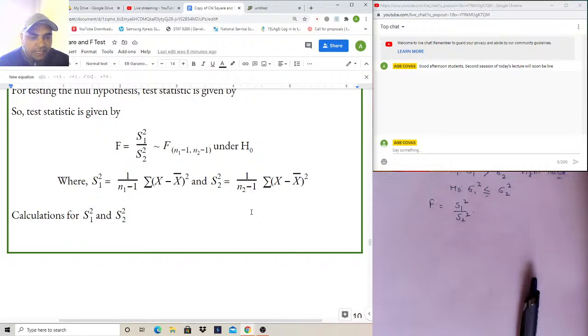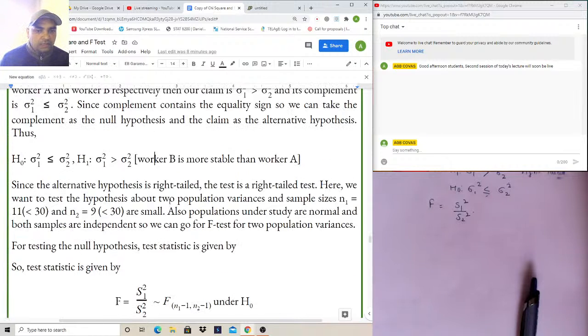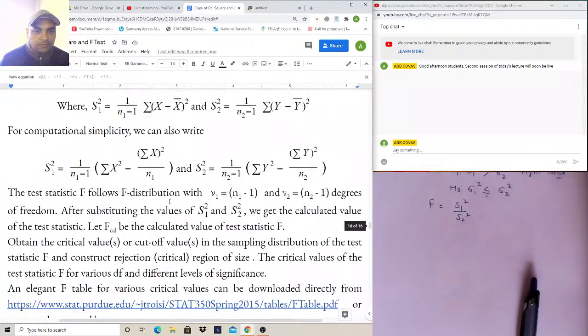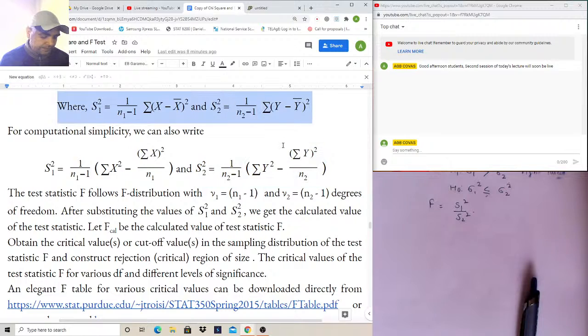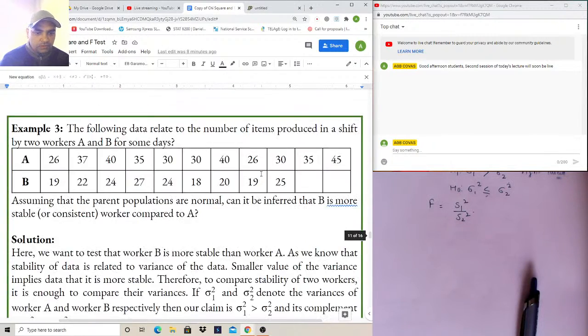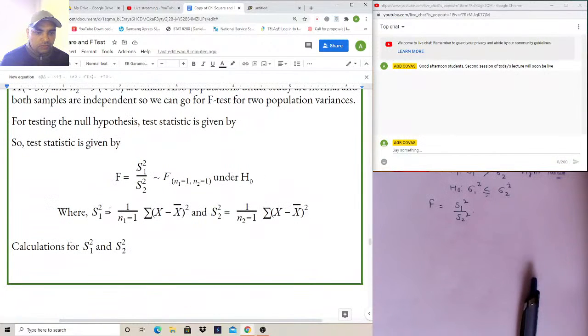We already have these formulas, so I will just copy them.